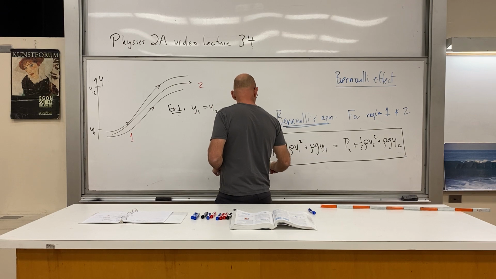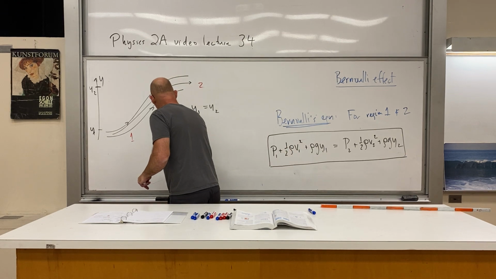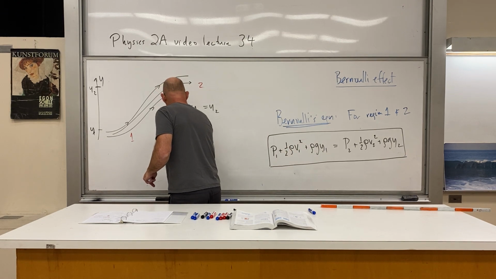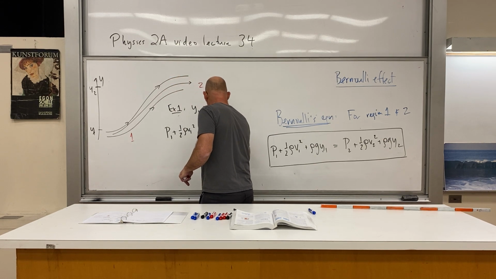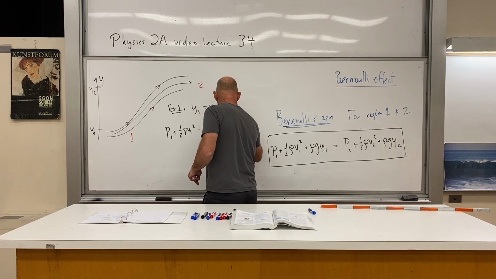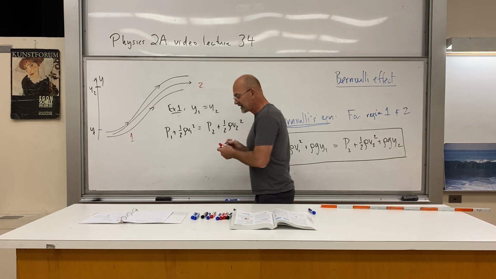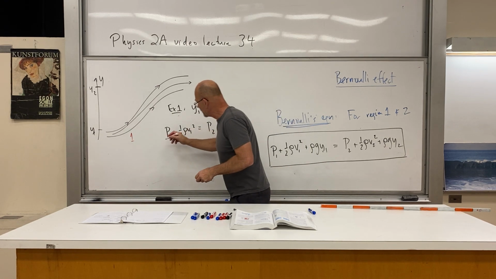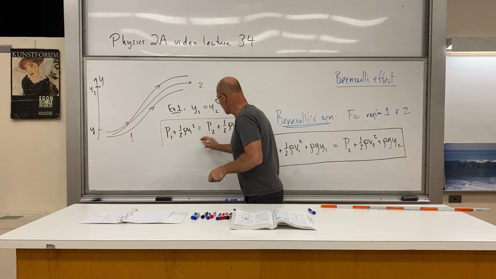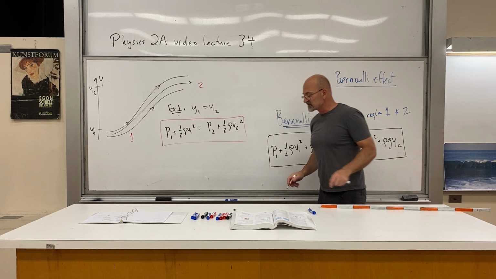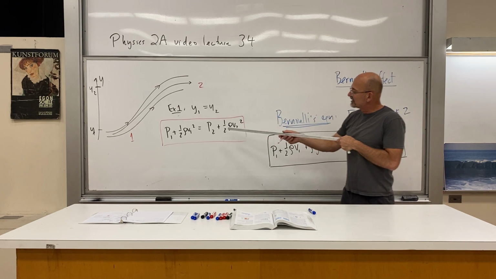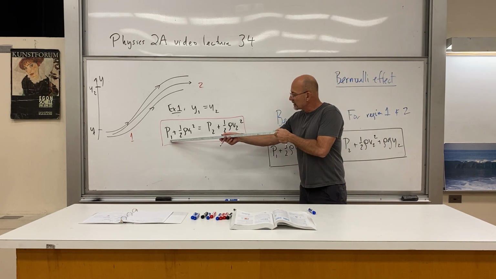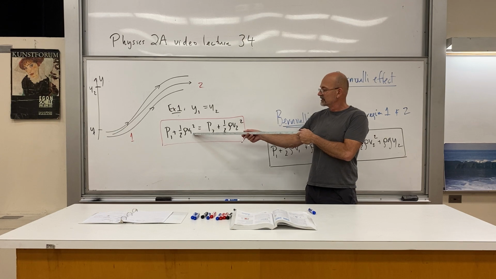Then I'm going to have P1 plus 1/2 rho V1 squared equals P2 plus 1/2 rho V2 squared. Now this is worth pondering. So it's on the level, it's not an uphill situation, and you can see clearly if pressure's lower, speed's going to be higher.